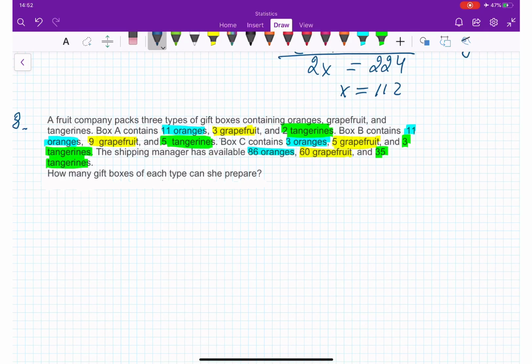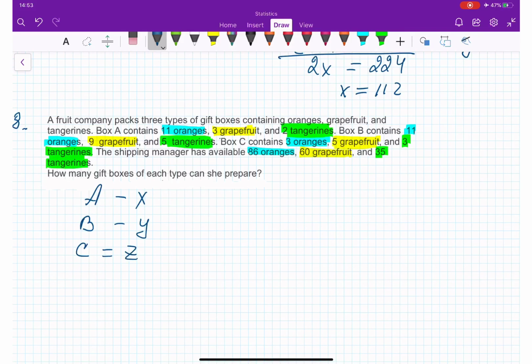So, what does that mean? How many gift boxes of each type can she prepare? So we have a type of A box. It's X amount of boxes. For B boxes, it's going to be Y amount, and C boxes, it's going to be Z amount.